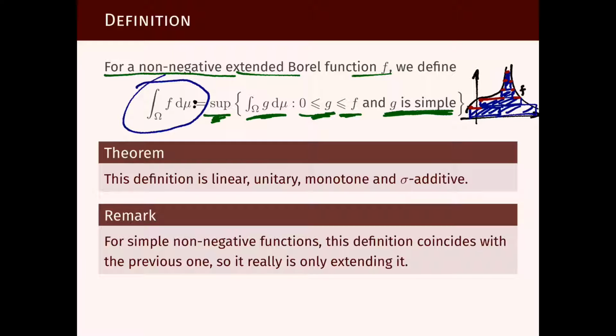This would be the simple function itself, more like this. So this simple function, which is below f, we compute its integral, and we take the supremum over all possible choices. So this is very different from Riemann integral again, because we don't allow the approximating function, the approximating rectangles, to go above the graph of f.